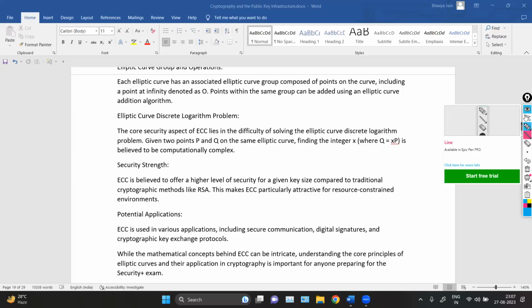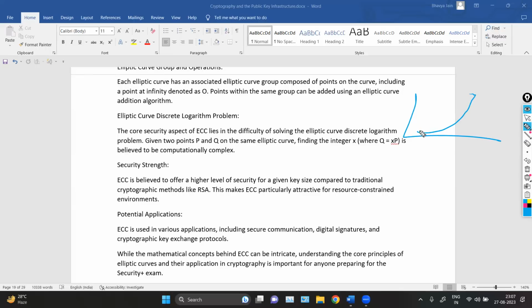So P and Q are the points on the same elliptic curve, and we have to find the integer, which is believed to be computationally complex. We cannot manually compute it.